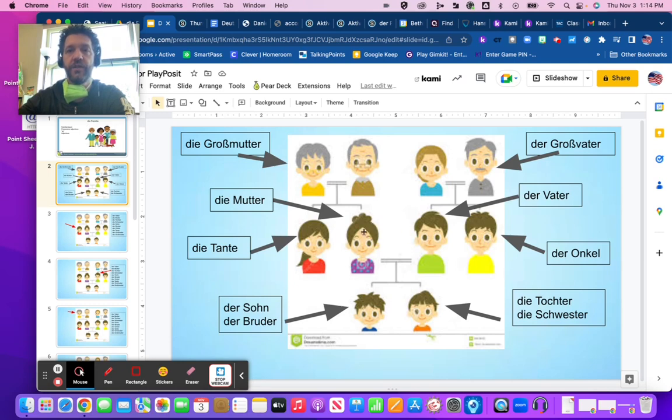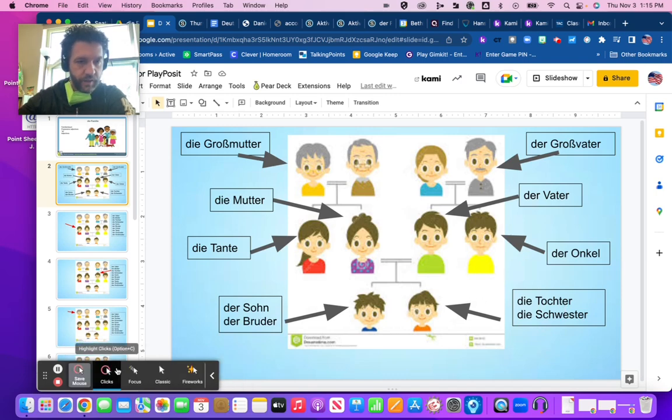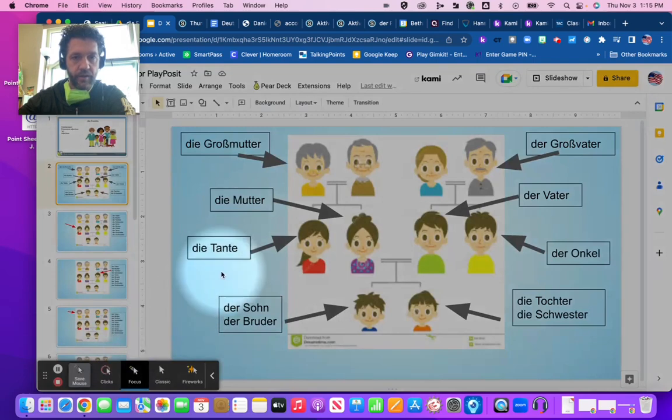Die Eltern or parents, die Eltern ist der Vater, father, der Vater is father. Die Mutter is mother. The mother's sister or Schwester is here. Let's see if we can get a highlighter. So Schwester is sister.